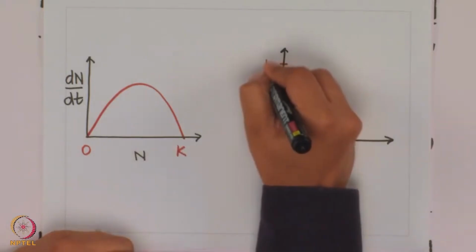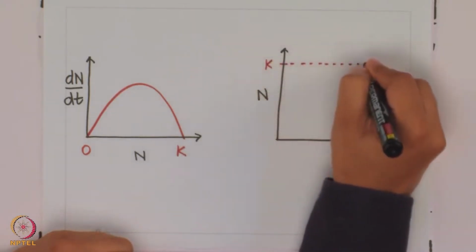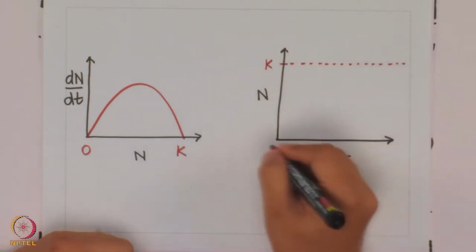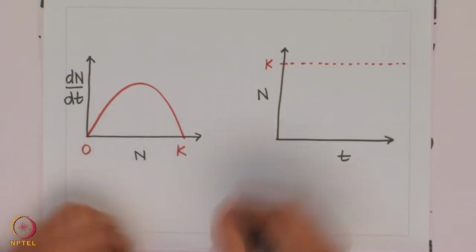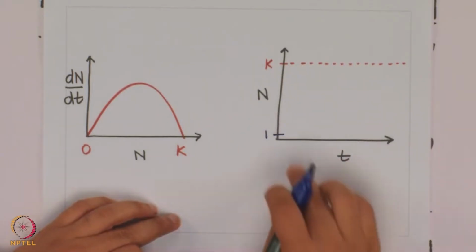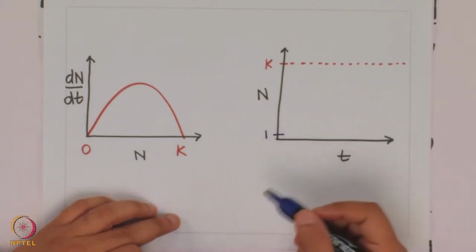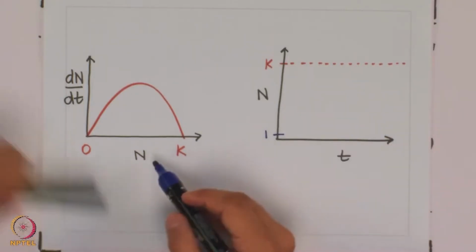So n equal to k is the peak value, and the number of bacteria is not going to go past this if we are starting from low values of n. So we start off with n naught, which let us say is 1. We start with this 1 bacteria, and let us try to imagine the trajectory of this growth while looking at this graph.